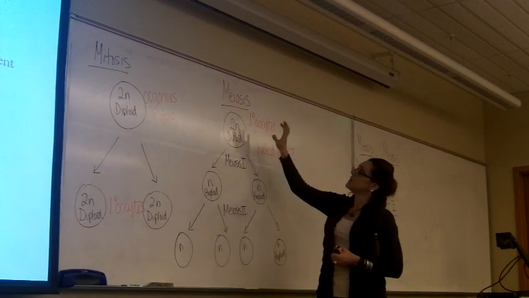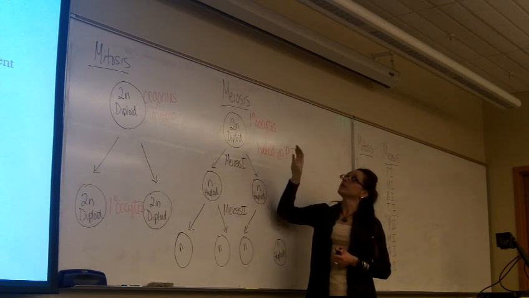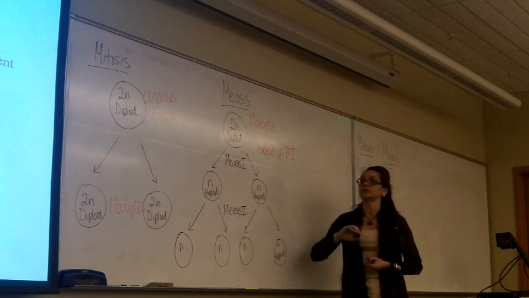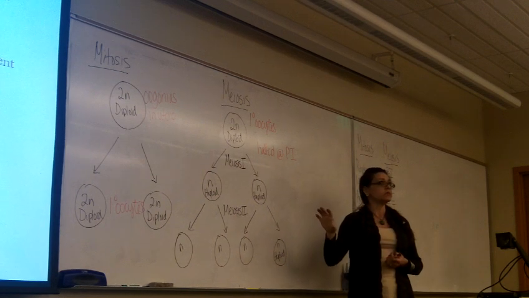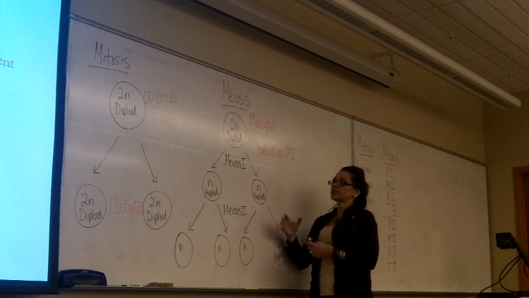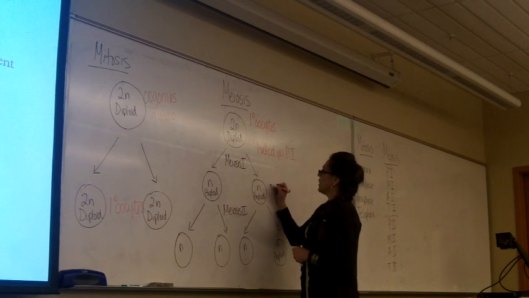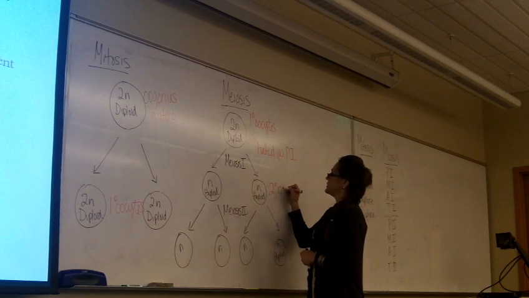And that's going to cause some of your primary oocytes that were halted at prophase 1 to continue going through meiosis 1. When they finish meiosis 1, they're called secondary oocytes.